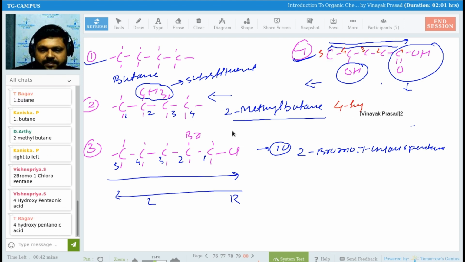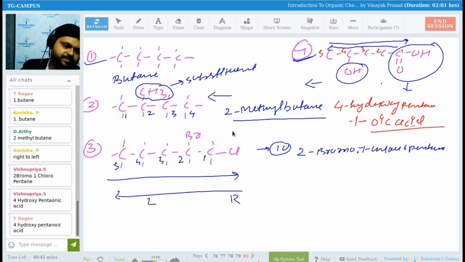So 4-hydroxy, and then pentane, 1-oic acid. Is it okay, guys? 4-hydroxy pentanoic acid, or pentane 1-oic acid. You can write it like this. Is it okay? Now, some more questions.